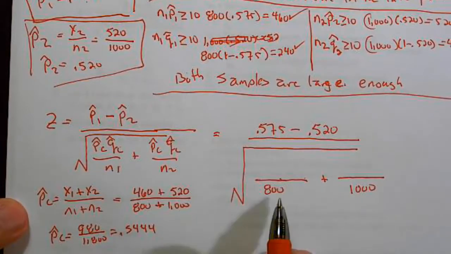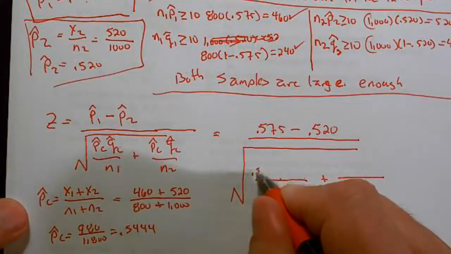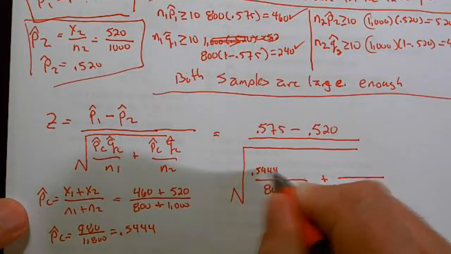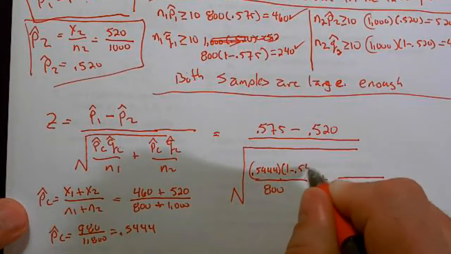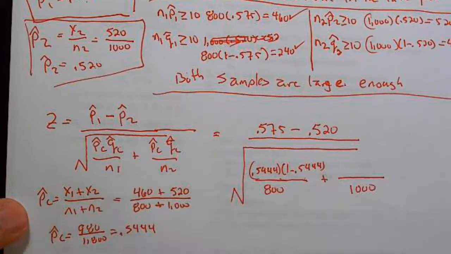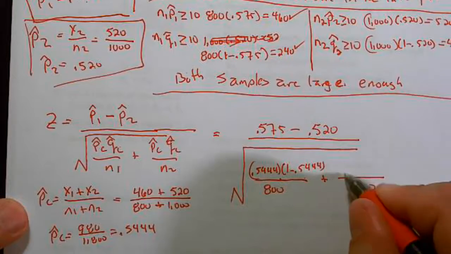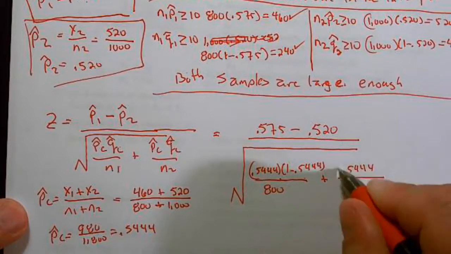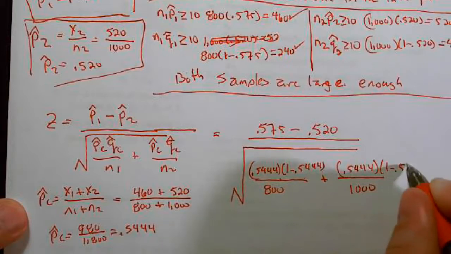So here's what I'm going to write. p hat C, 0.5444, and then 1 minus 0.5444. Over here, it's exactly the same thing. 0.5444 times 1 minus 0.5444.